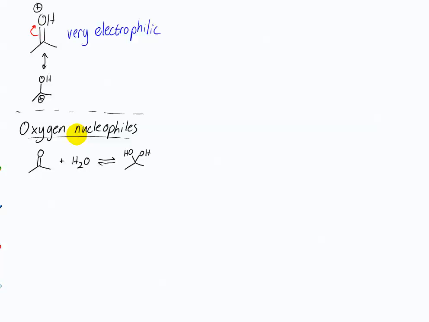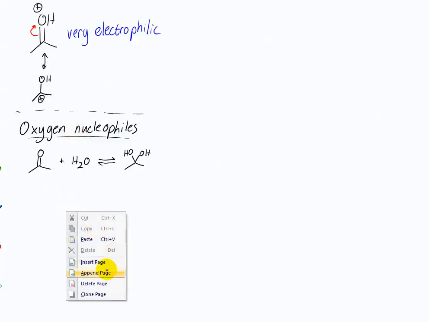A more important version of the oxygen nucleophiles is what we call an acetal. And that's what happens when a ketone or an aldehyde reacts with an alcohol.